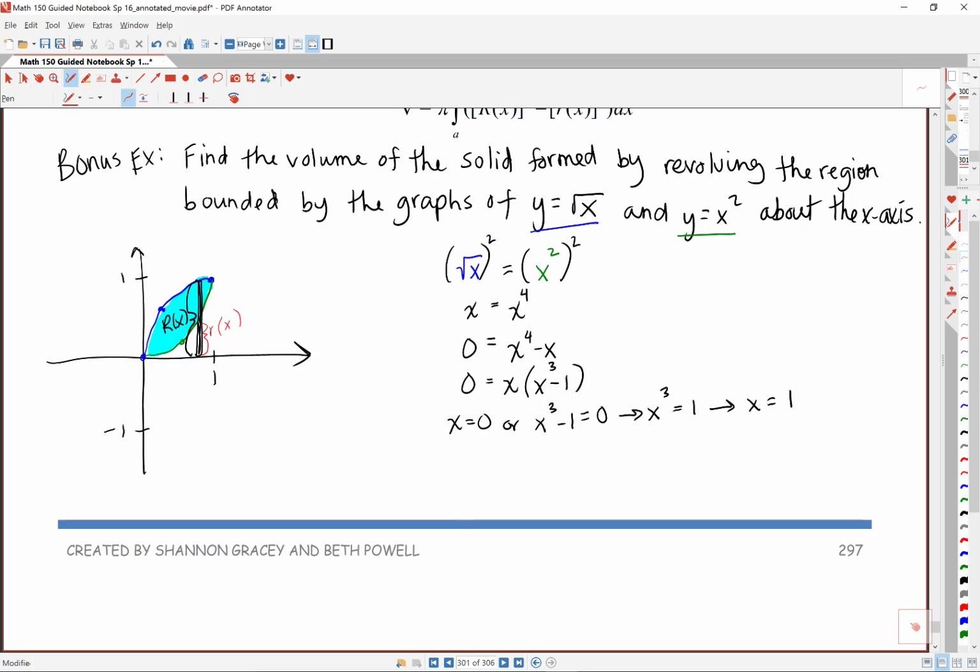We'll have something like that. And so when it revolves about, do you see how it's going to have this hole in the middle now?